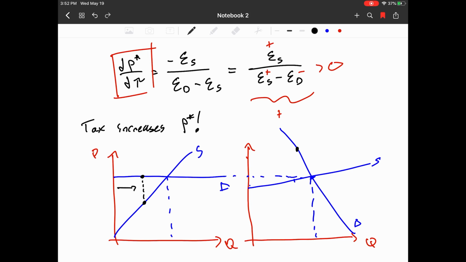Okay, so we have the tax here. And so the idea is the incidence of tax falls much more on the buyers when the demand curve is relatively steep, and falls much more on the sellers when the supply curve is relatively steep.